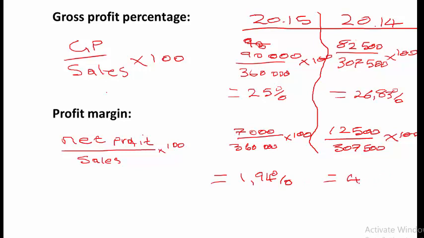And then you have your 4.07% for 2014, after rounding off to 2 decimal places.